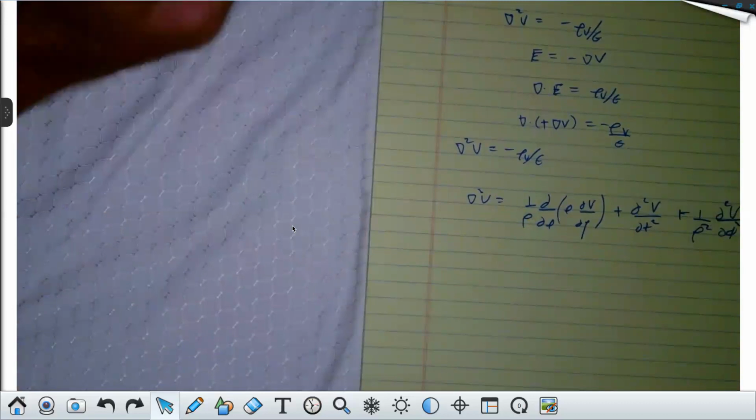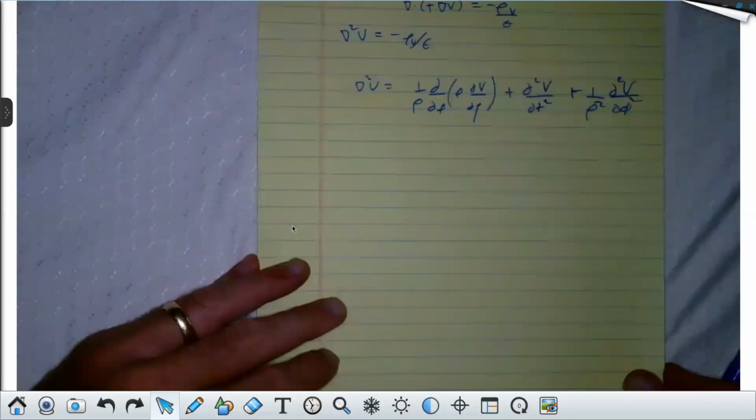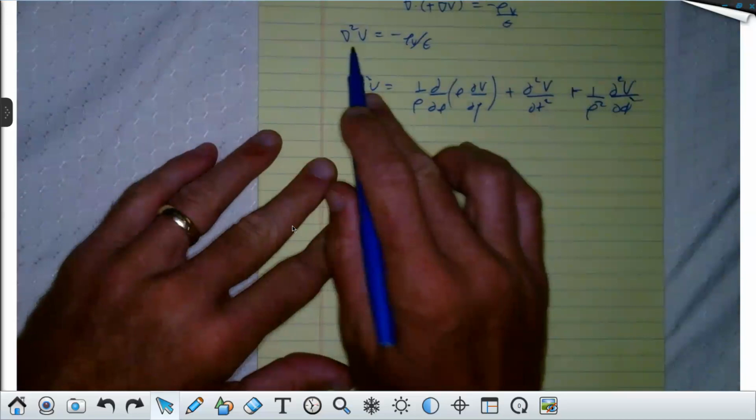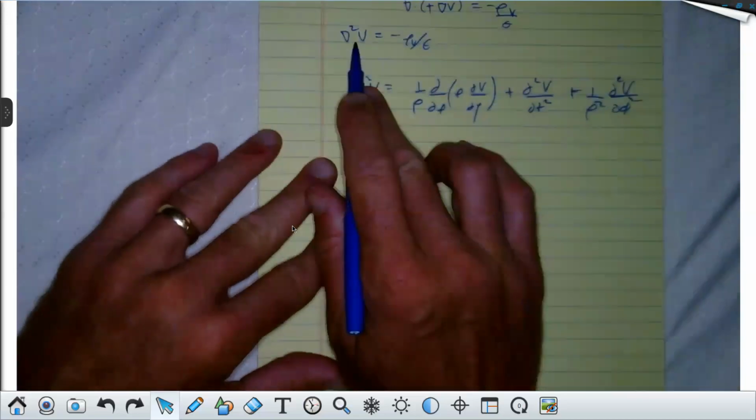Now, can everybody follow me up to this point? I'm just setting up the differential equation, right? John, can you guys see this? Everybody see this okay? I'm just trying to make sure you all understand. This is the equation that would replace the del squared V operation.